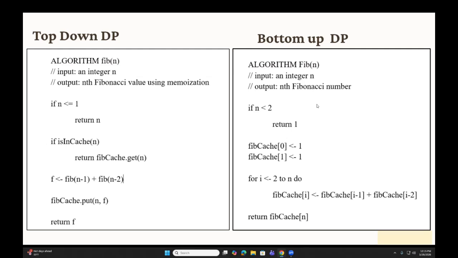Therefore, it is worthy to consider in cases where we have a certain recurrence relation between the problem we are looking at and its subproblems, and these subproblems are overlapping, so that we can look into whether we can apply dynamic programming to solve that particular problem.